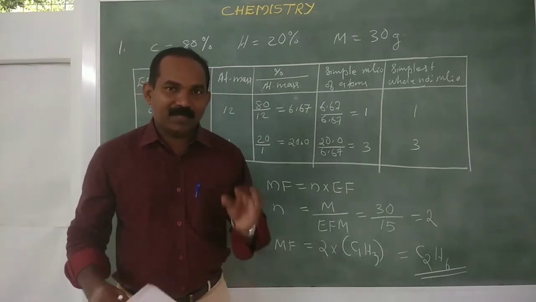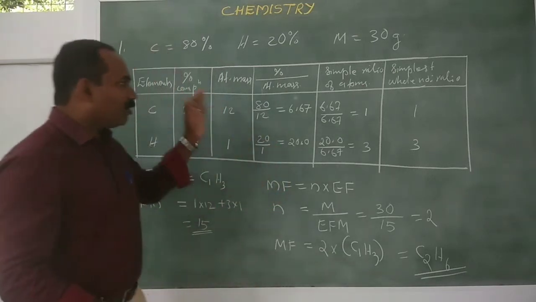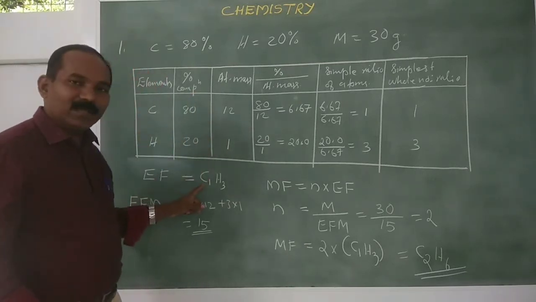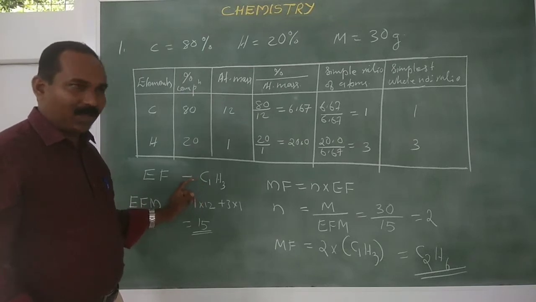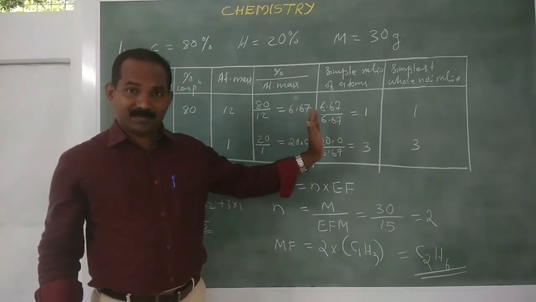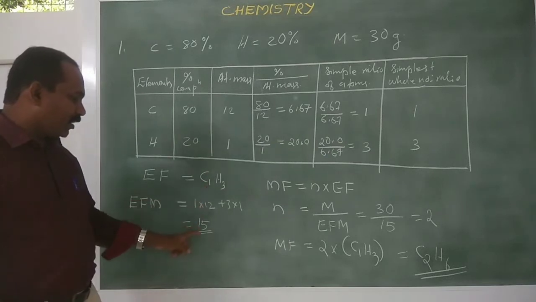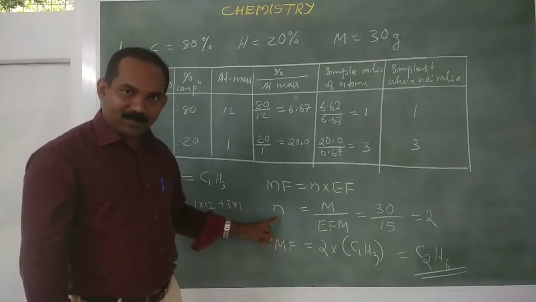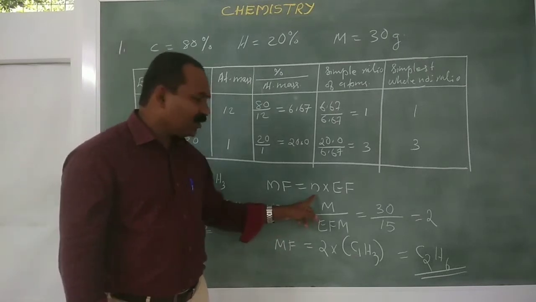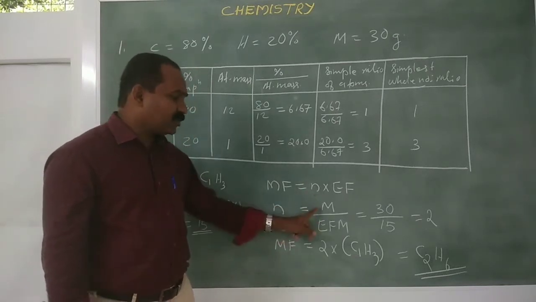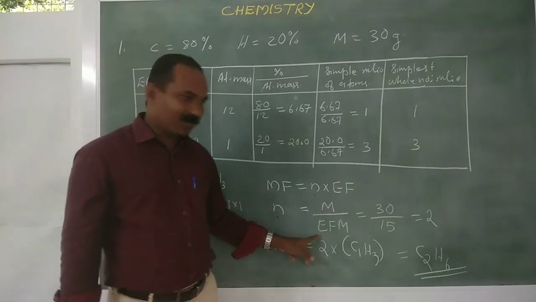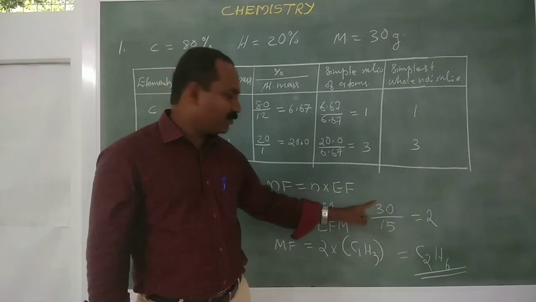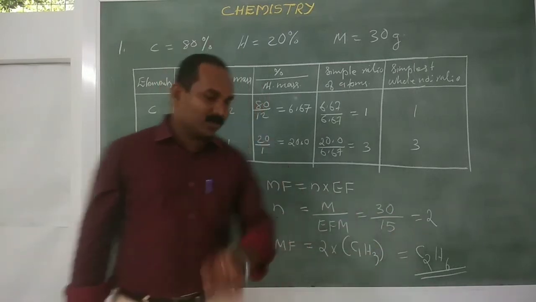Are you clear? A very simple method. Make a column. From that, we have to calculate the empirical formula. Okay, these are all the simple steps. Then from the empirical formula, N, the whole number, is calculated by molar mass divided by empirical formula mass. In this question, 30 divided by 15, that is equal to 2.